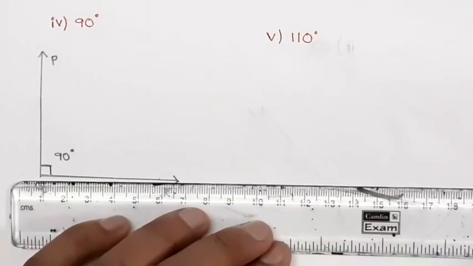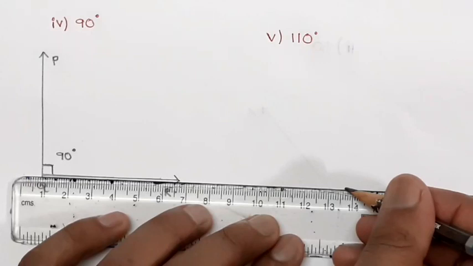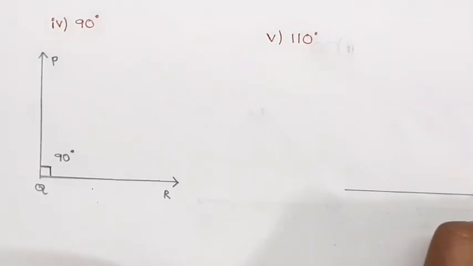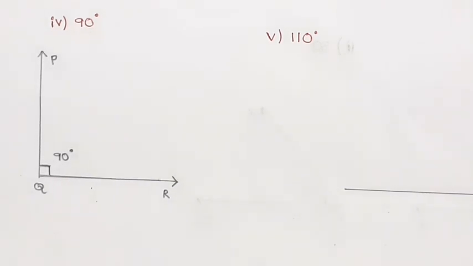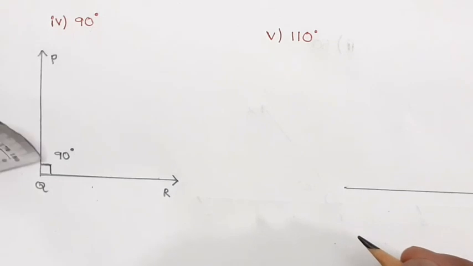First we are going to take a ray like this of any measure. Better take 6 centimeters or 5 so that it will come nicely. 110 degrees. We have the end point here.